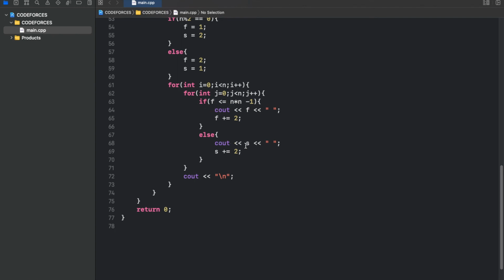So we will start s from 2, then s is 2, then 4, then 6, then 8, and up till 16, and it will automatically complete itself and give a new line in every iteration. Okay, so that's it.